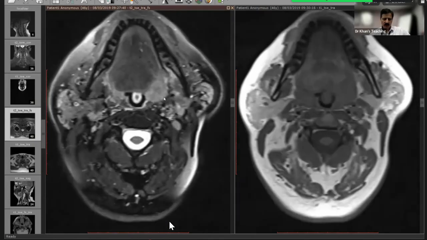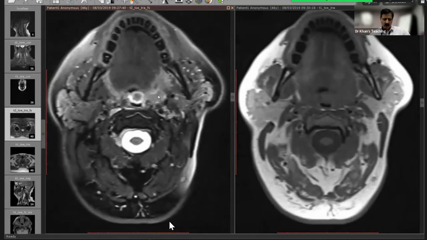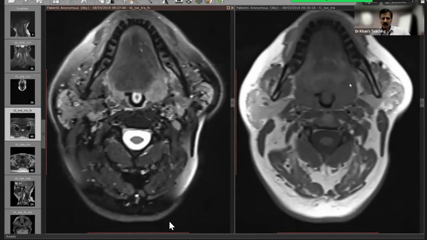Now, if you see here, this is the palatine tonsil. And as I go anteriorly, do you see the tongue here? And do you see this tissue which is going into the tongue here? Actually, I am not showing you post-contrast, but we have done post-contrast also. What I'm trying to tell you is that even without contrast, you can see the extension.